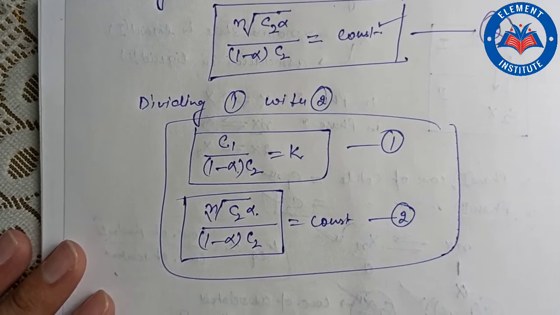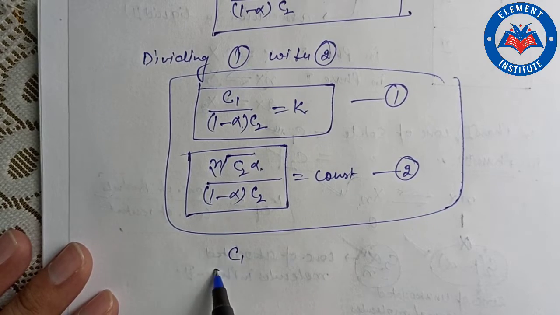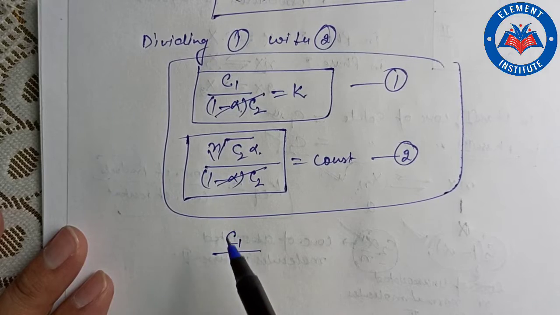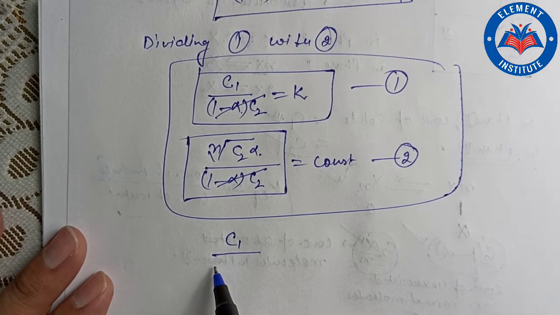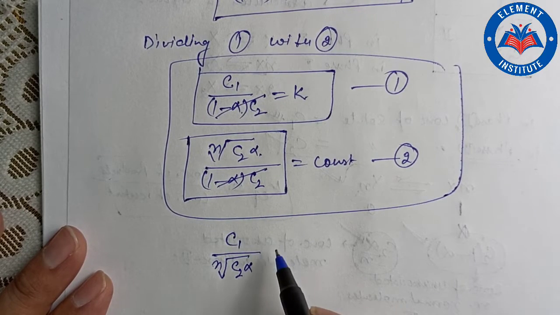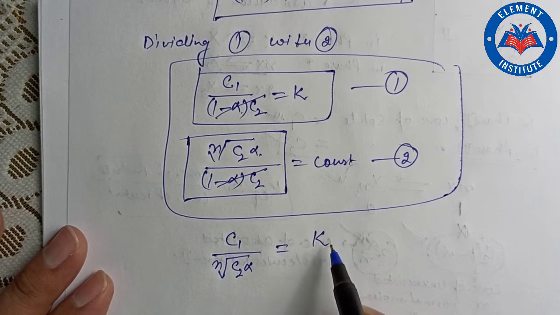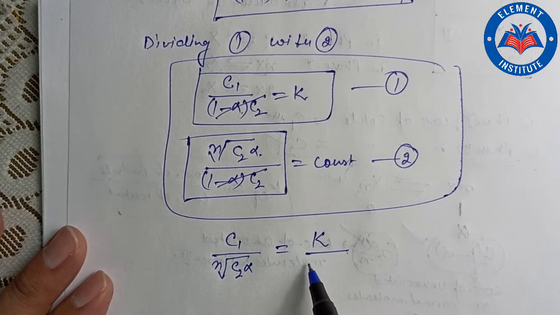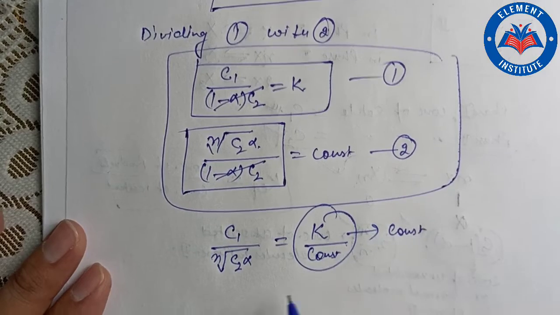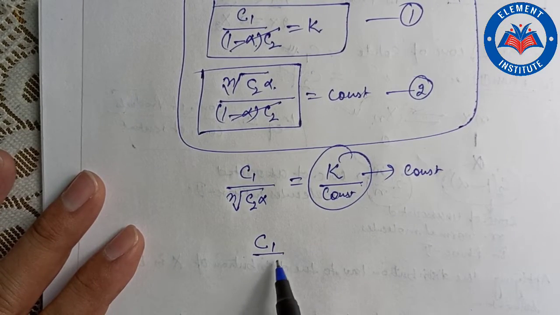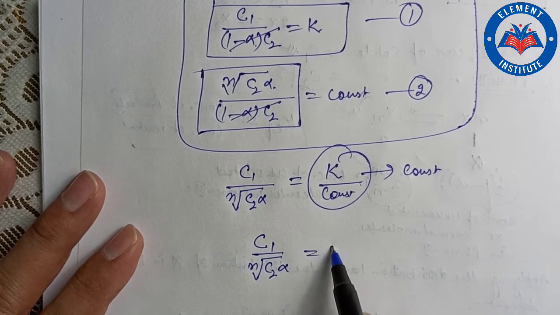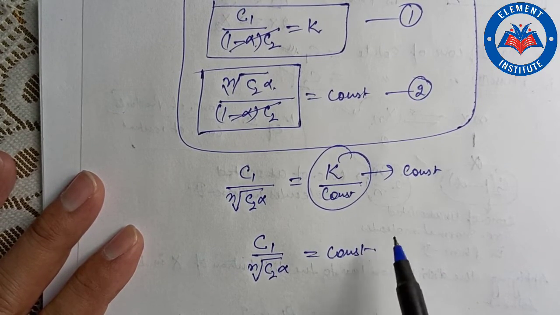Dividing both equations, these two terms cancel, so we have C1 upon the nth root of C2 alpha equal to a new constant.